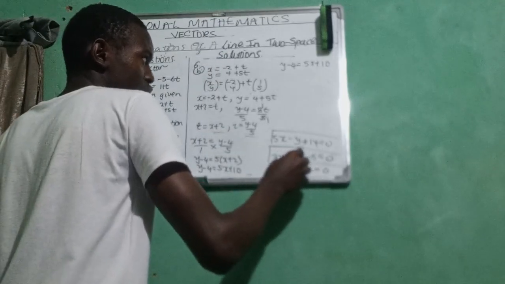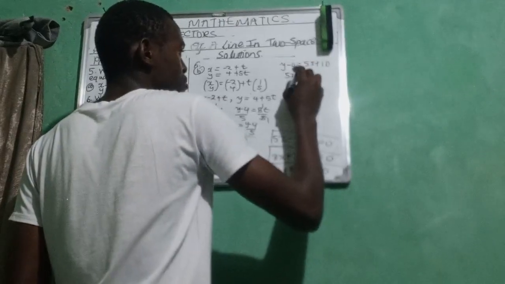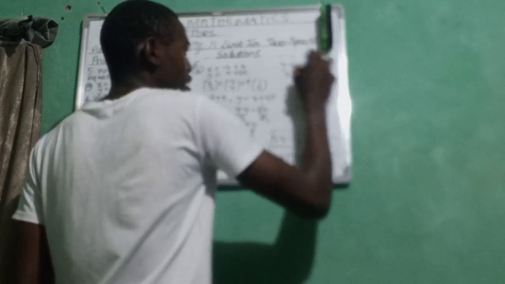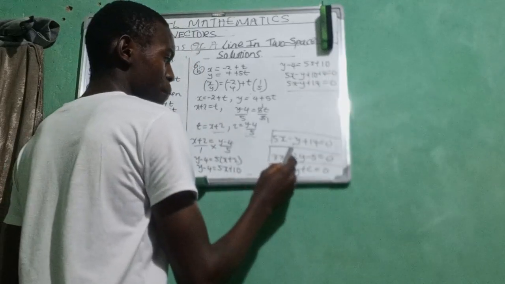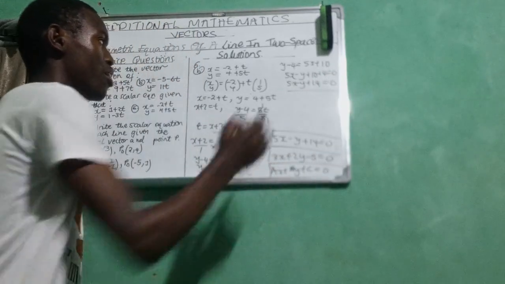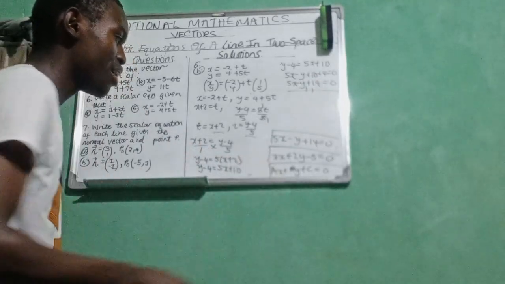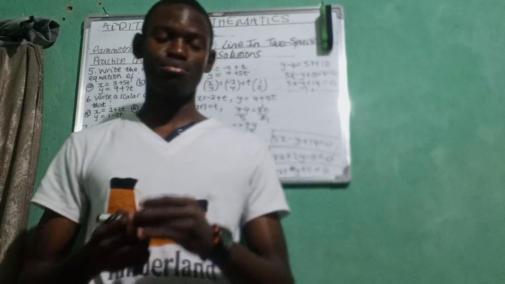Reaching this point, as you can see, it is in this particular form. So we move the y to the other side: 5x minus y plus 10 plus 4 is equal to 0. 5x minus y plus 14 is equal to 0. That's your final answer for the scalar equation in the form ax plus by plus c is equal to 0.